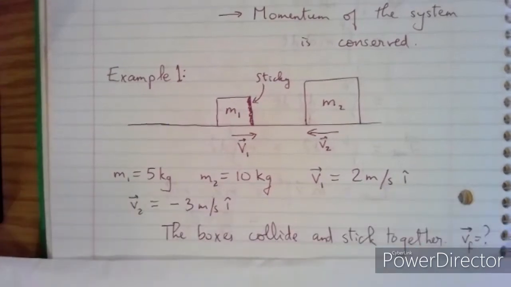And we know that when they collide, they stick together, and we're asked what is the final velocity of the system. So looking at the numbers given, we can see that m2 is more massive and is moving faster. So we can already predict that overall, once they stick together, the system should be moving to the left. But how fast exactly? Well, that's what we'll look at in this example.